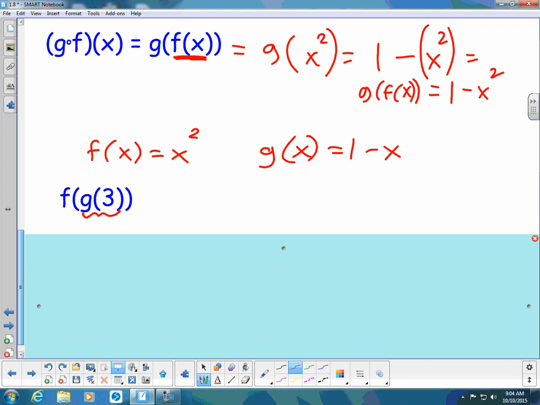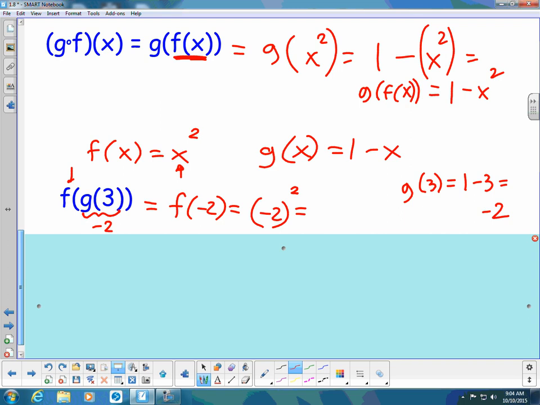G of 3 is 1 minus 3, which is negative 2. So I plug negative 2 into my f function: f of negative 2 is negative 2 quantity squared, which is 4.